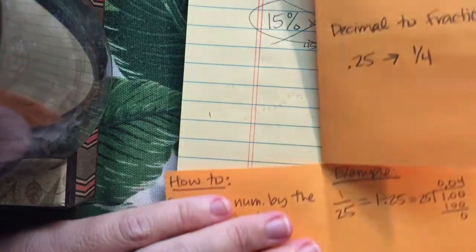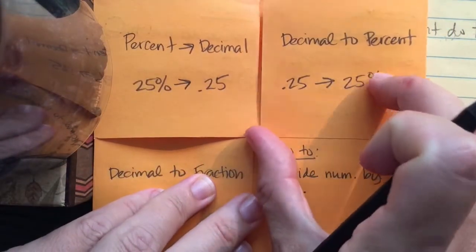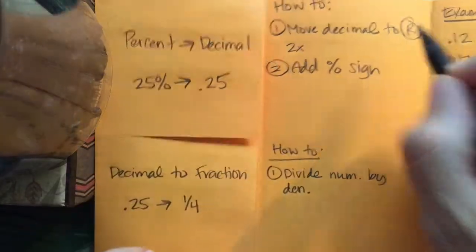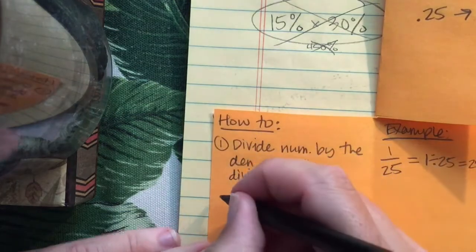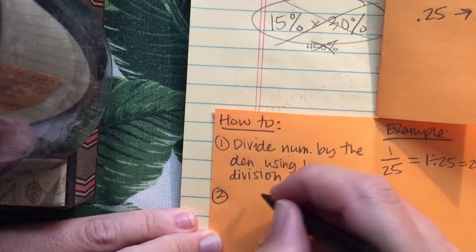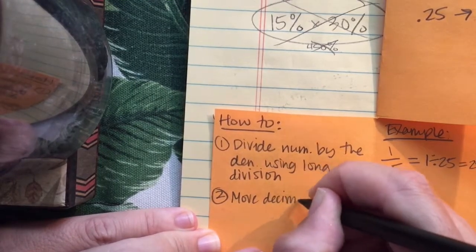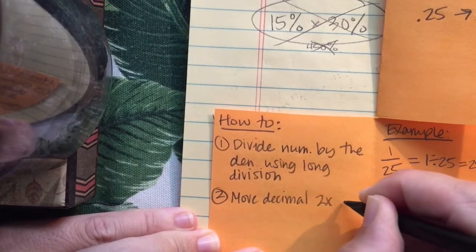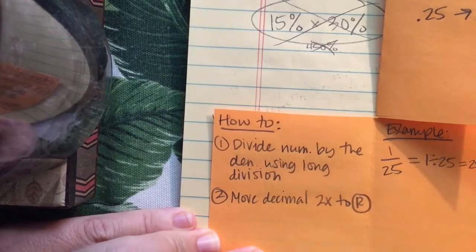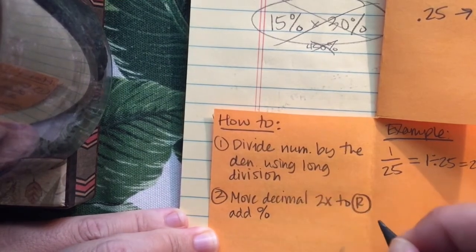And if you remember up here, decimal to percent, all we did was move the decimal point 2 places to the right. So that is step number 2. Move decimal 2 times to the right, and then we have to add the percent sign.